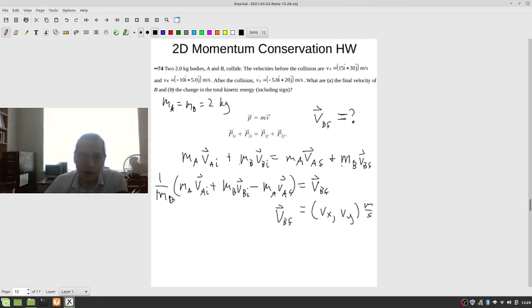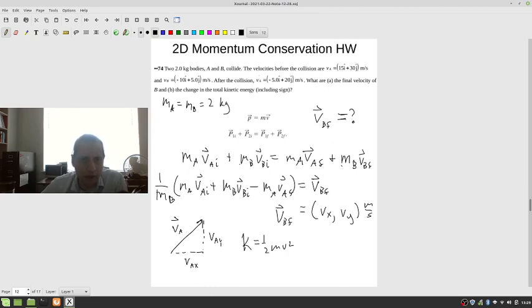Then the second part asks, what is the change in the total kinetic energy? Well, you might have to think for a second, but if you have a VA, okay, that's a vector, and it has a VA x component and a VA y component, the kinetic energy is 1/2 mv squared.